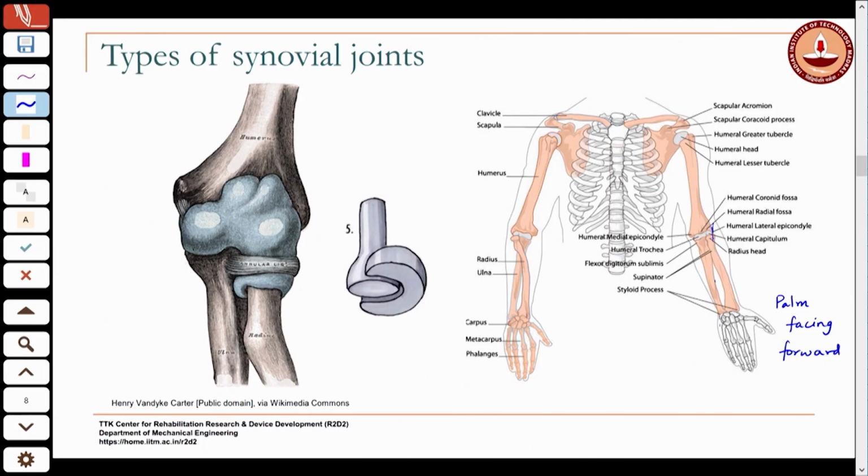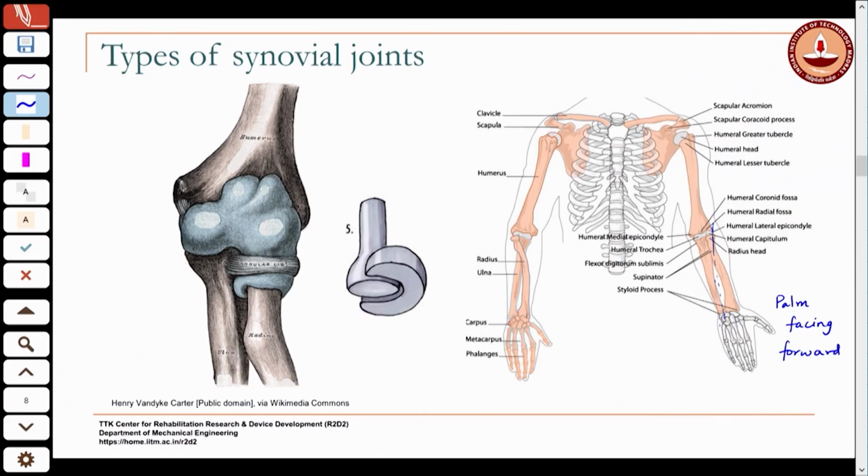and that happens about an axis like this. It is pivoting about that axis, because this is the proximal part of the radius.